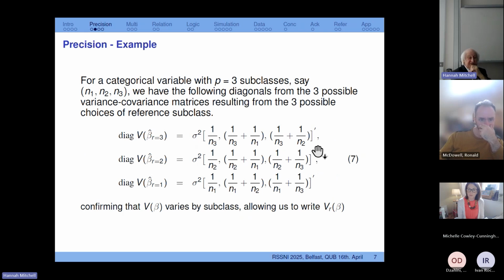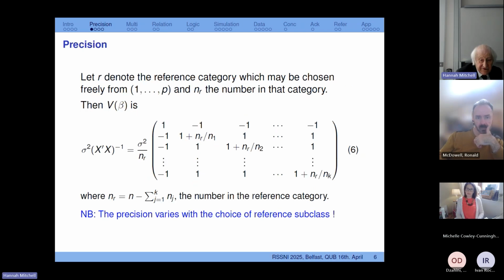Here's an example of that, just to make things firm. There's a categorical variable with p equal to 3, and we have n1, n2, n3 in the particular categorical variable. And what I've done is I've calculated, let's see, yeah, I've calculated equation 6.